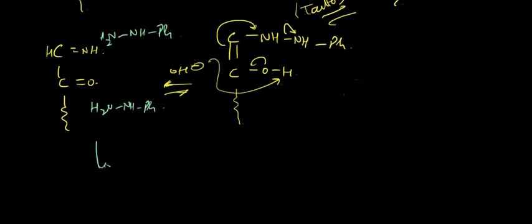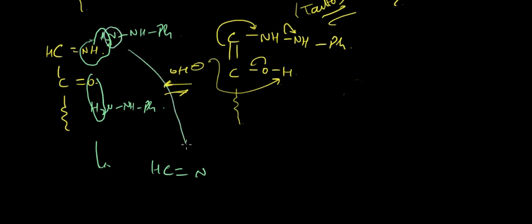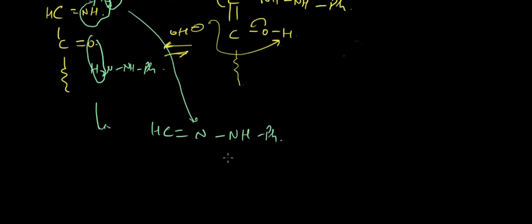NH3 from here would be removed, and obviously a water molecule from here would be removed, and as a result we'll be getting N coming here, N and NHPh, and similarly C double bond N and single bond NHPh, and then the same chain here.